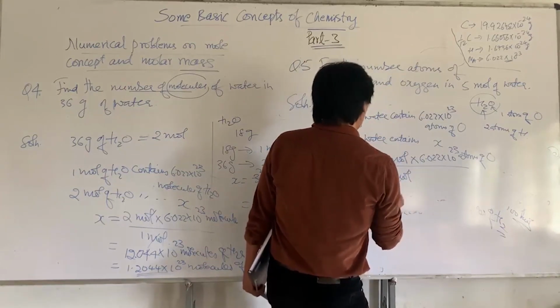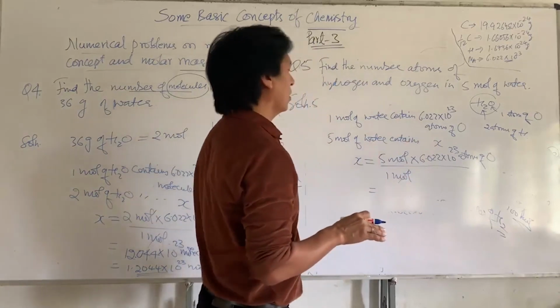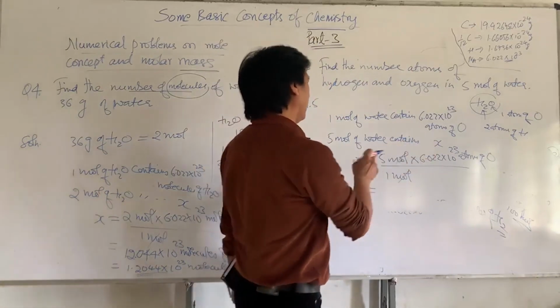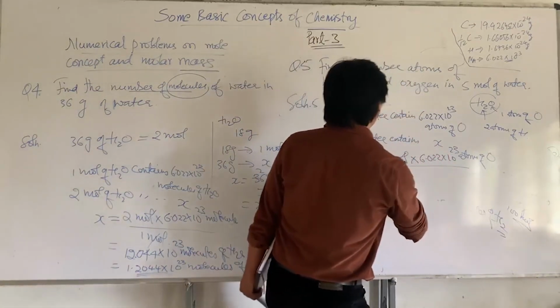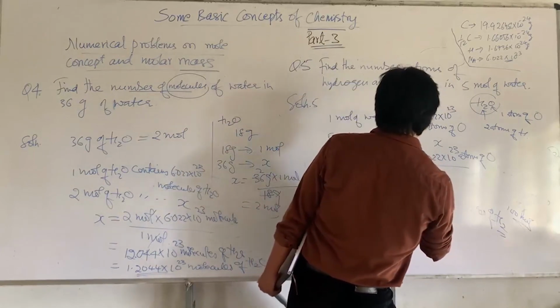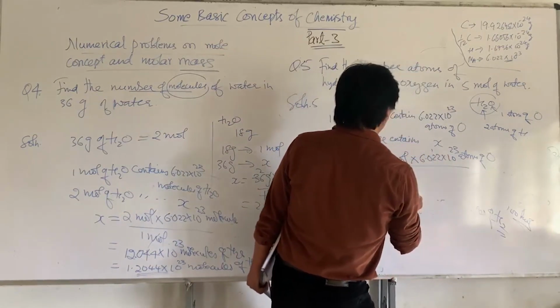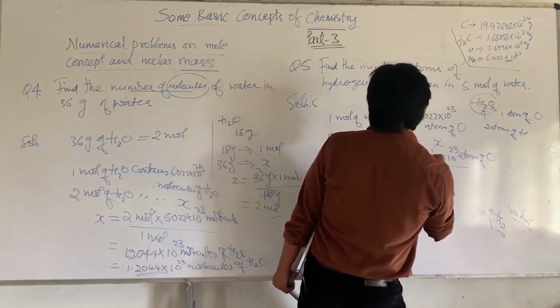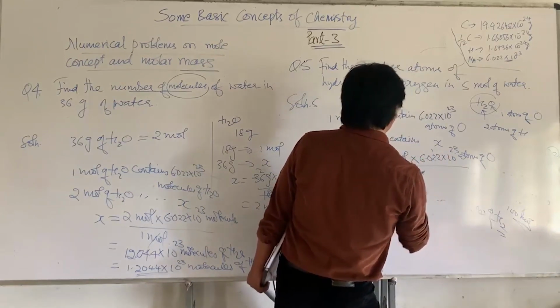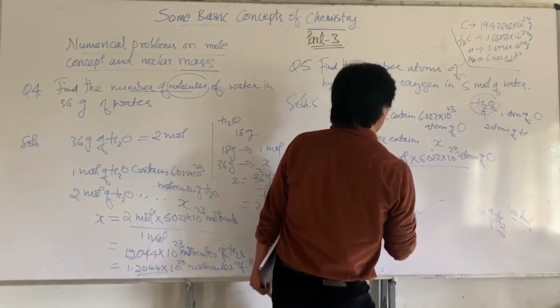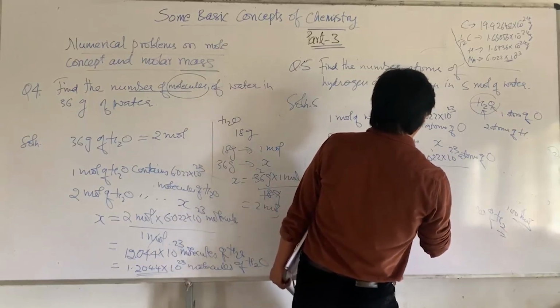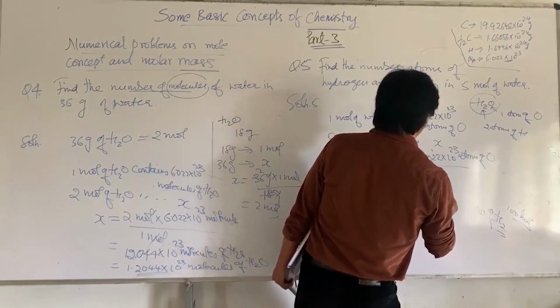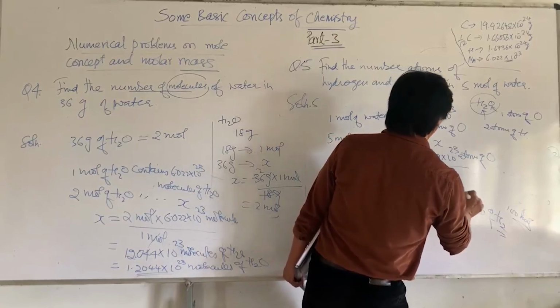So finally, the number of atoms of oxygen in 5 moles will be the product of these two. 5 times 1 is 5, 5 times 2 is 10, and so on, then 5 times 6 is 30, and you're going to put the decimal point. This is atoms of oxygen, right?